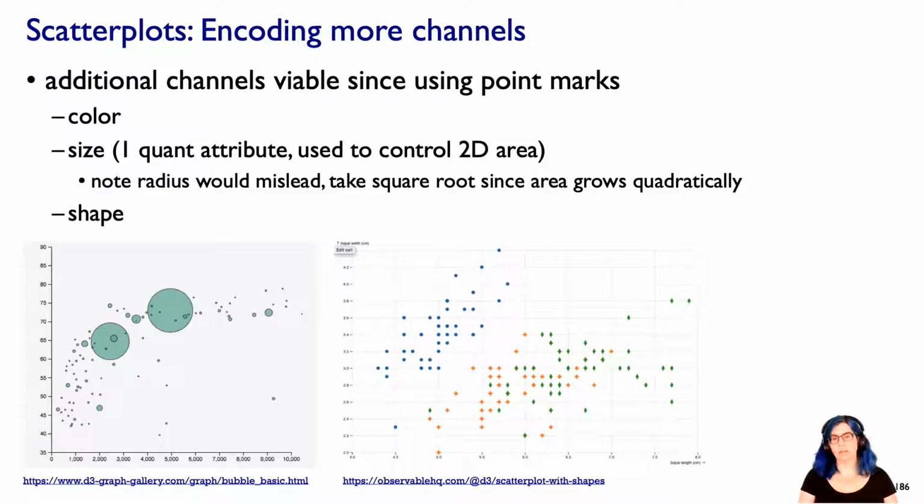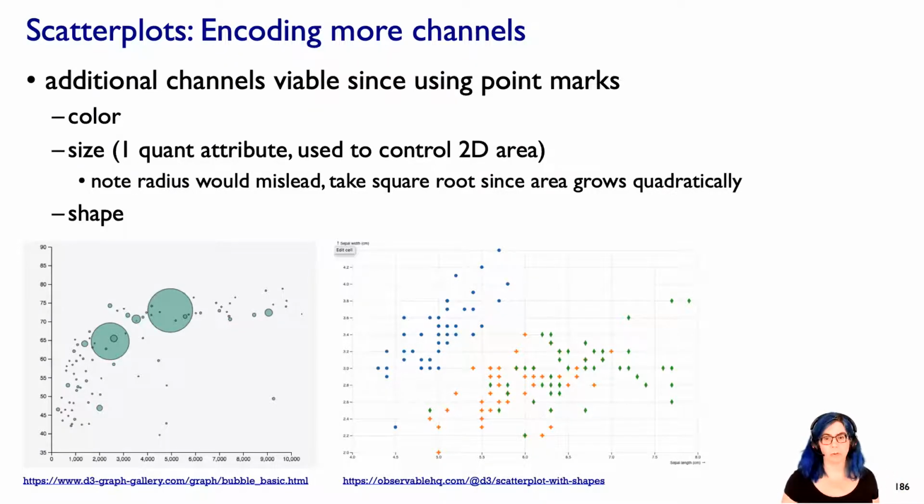What I do want you to notice when size coding in scatterplots is if you're using a circle shape for your mark, if you've got a single quantitative attribute that you're trying to size code, be aware that, of course, the area of a circle grows quadratically. So if you're controlling the two-dimensional area with a single quantitative attribute, you don't want to just map that attribute to the radius because that would be misleading.